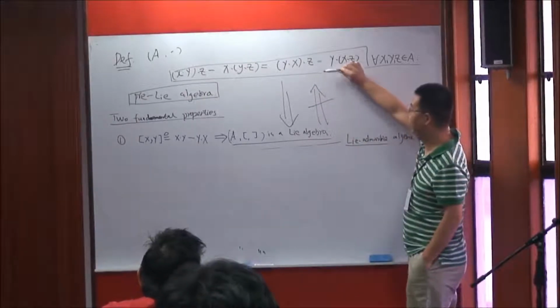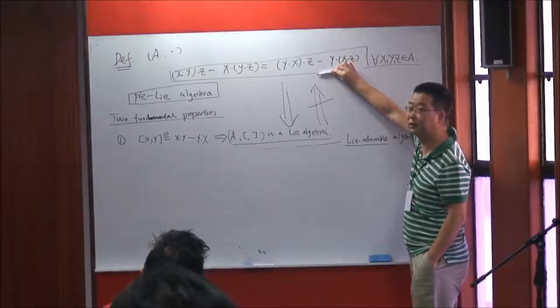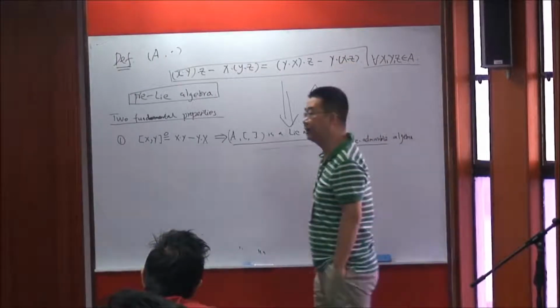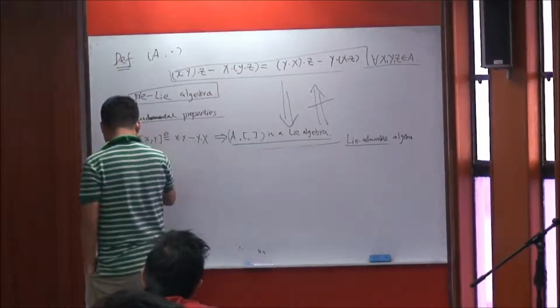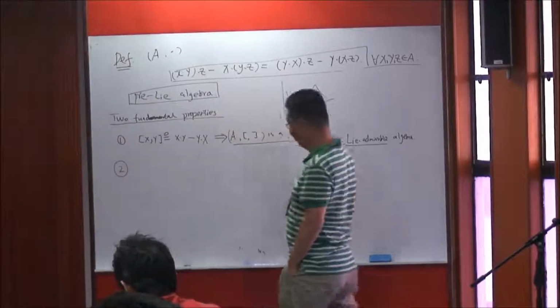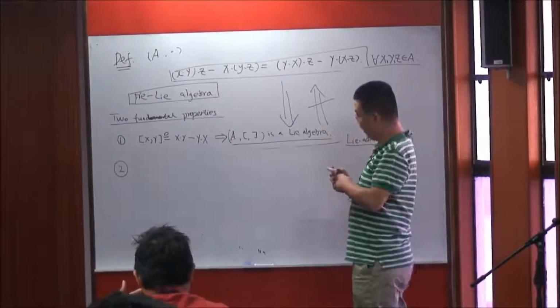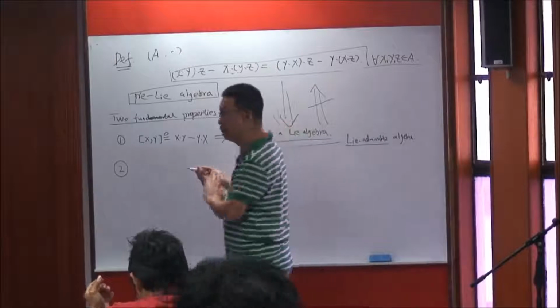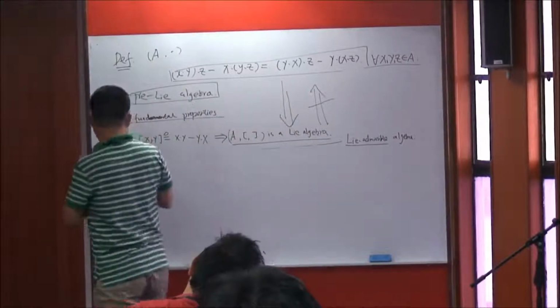So we should know what is the equivalent condition for this identity. It's another identity, another property. So first, the commutator is a Lie algebra. Another property is very important.